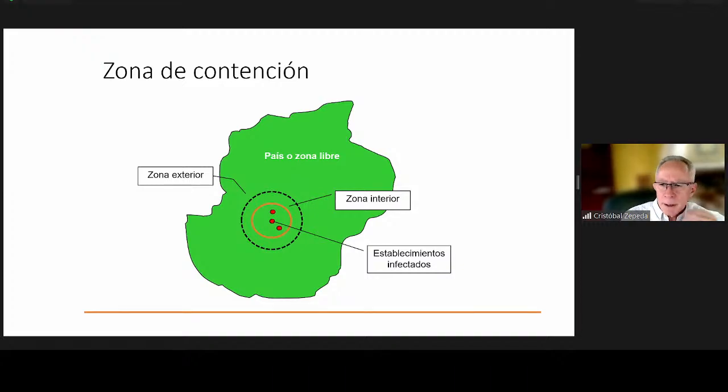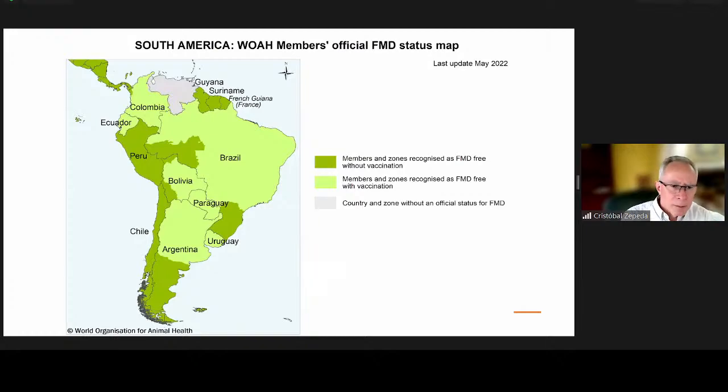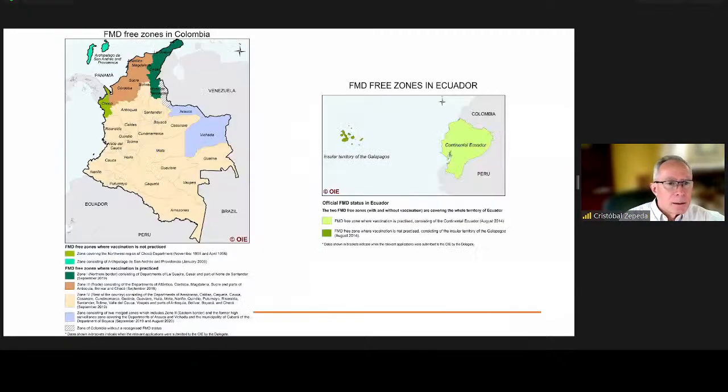As examples for the application of regionalization or zoning, we have many of them. In South America, when it comes to foot and mouth disease, there are some areas that have been recognized as free without vaccination, with examples in Bolivia, Paraguay, and many other countries.